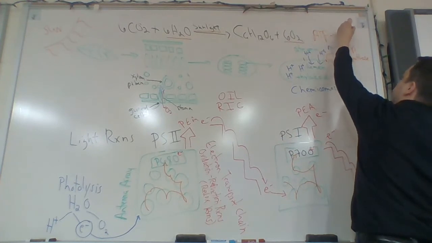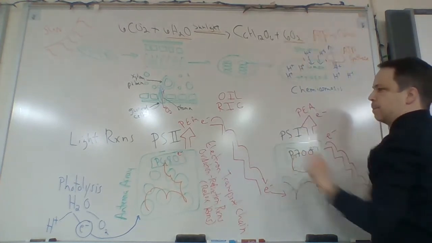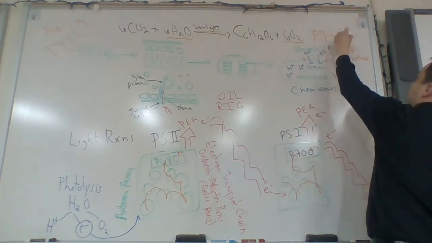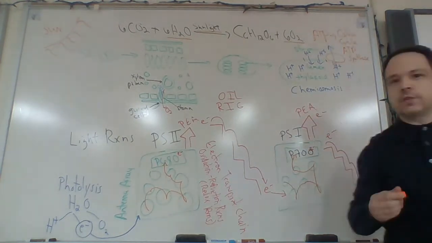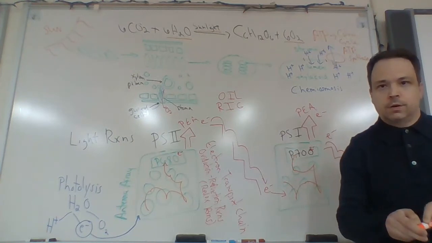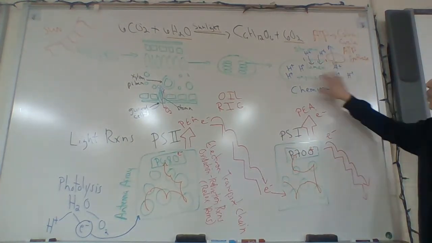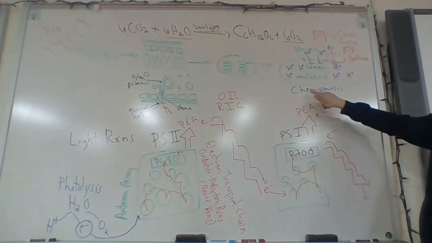ATP will be used in the light-independent reaction. It's going to be used in what's called the Calvin cycle. So this action of these hydrogen ions passing through ATP synthase is chemiosmosis.